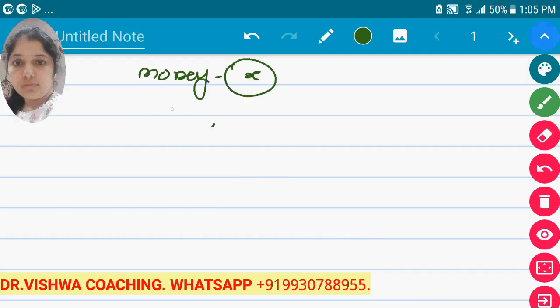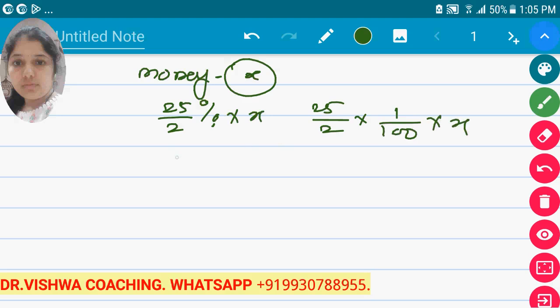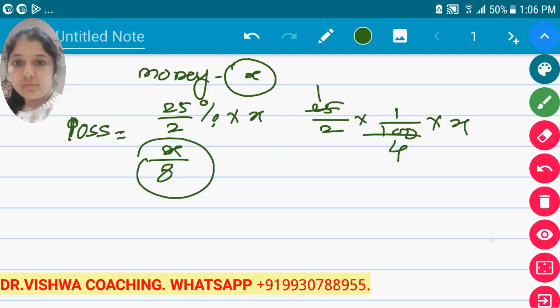Now he lost how much? 25 by 2% of the money, means 25 upon 2 multiplied by 1 upon 100 into x, which gives us the value as x upon 8. Okay, 25 ones are 25 and 25 fours are 100. So loss is x upon 8.